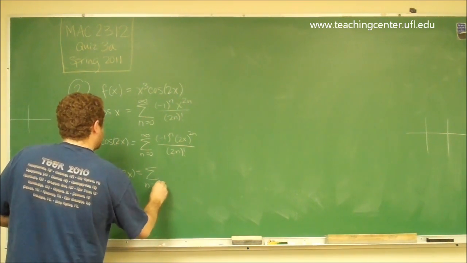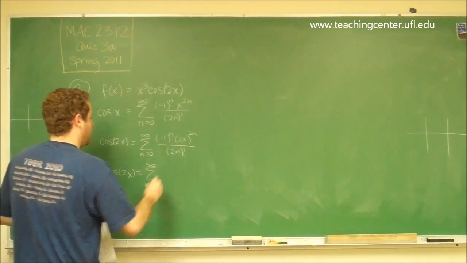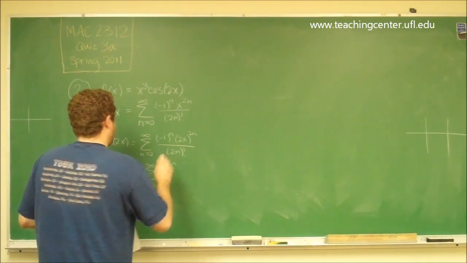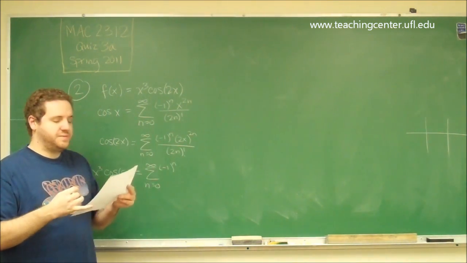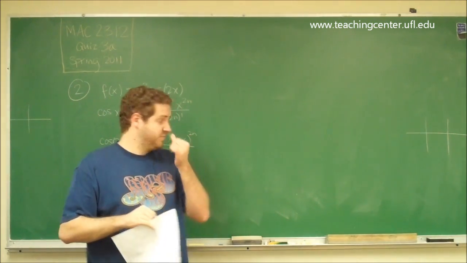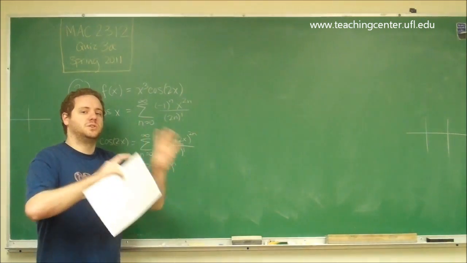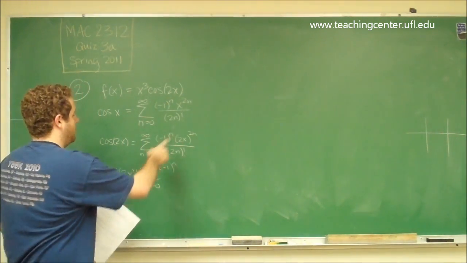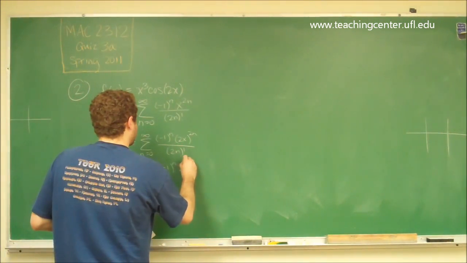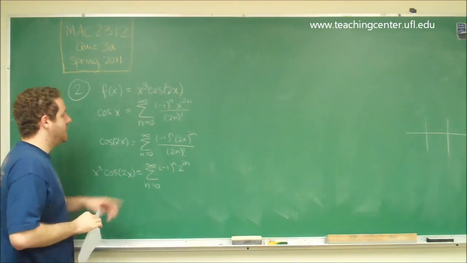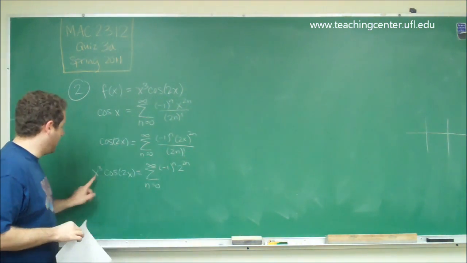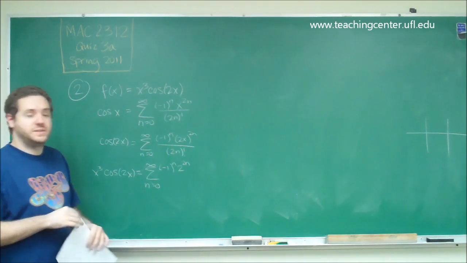So I'm going to do 2 steps in 1 here. The reason I'm doing this is because we're going to have to take the antiderivative. Instead of having 2x to the 2n, I want to separate that into its 2 and x parts. So this would just be 2 to the 2n. And we would have x to the 2n, except we're multiplying by x cubed, so that adds 3 to the power.